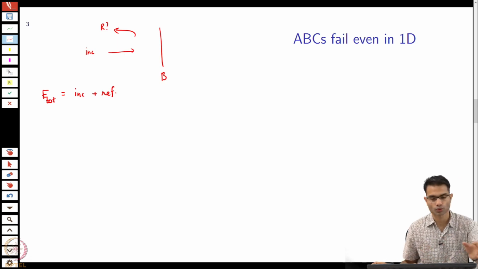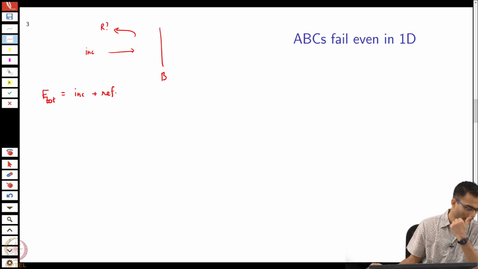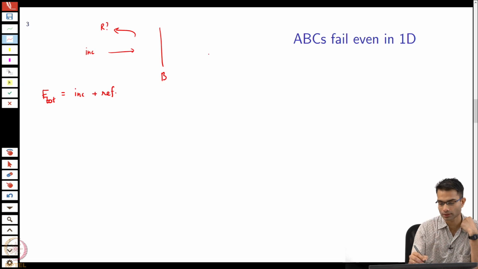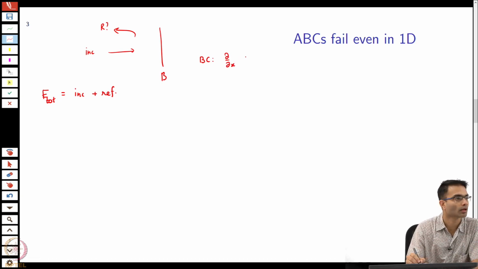We are not, so far, going into FDTD implementation, just total field is incident plus reflected, okay. And what was the boundary condition that I was going to employ? d by dx, was it plus or minus for the right hand boundary?